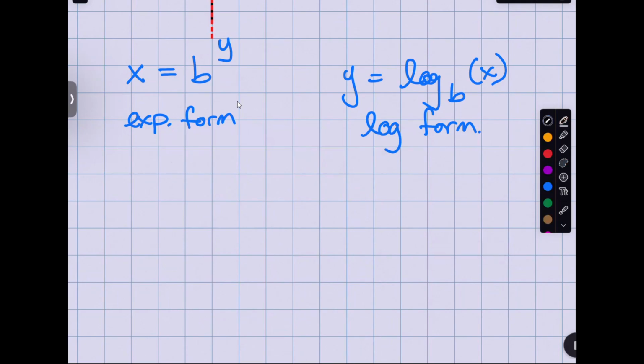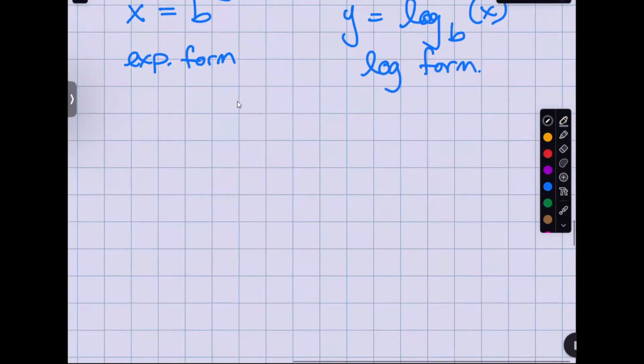So let's take a look at if we have something in log form, how we would convert that to exponent form.